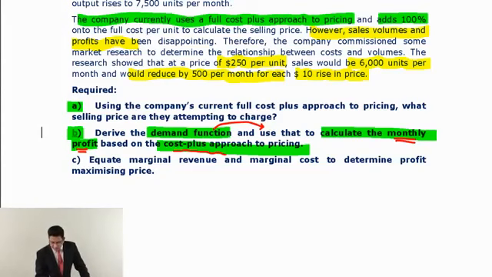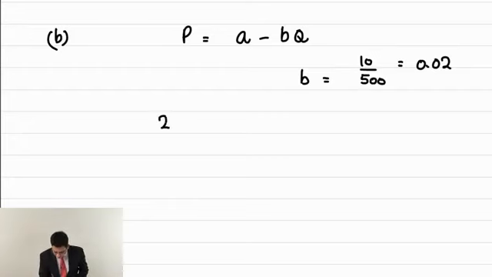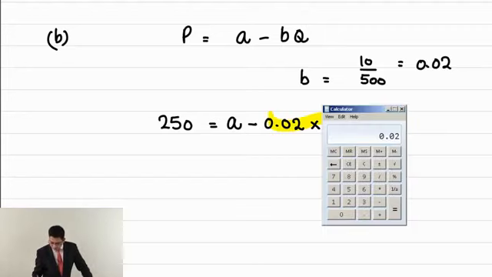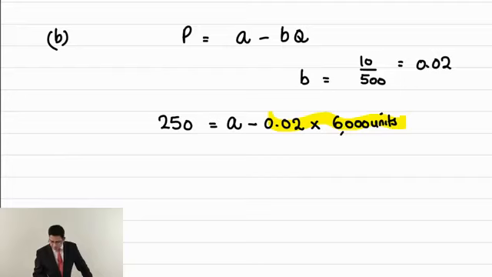So what they gave us was here. Market research showed that at a price of 250, sales would be 6,000 units. So this combination was given to us. When the price is 250, quantity would be 6,000 units. And A as it is, B is 0.02 times Q. So 0.02 times 6,000 comes to 120.